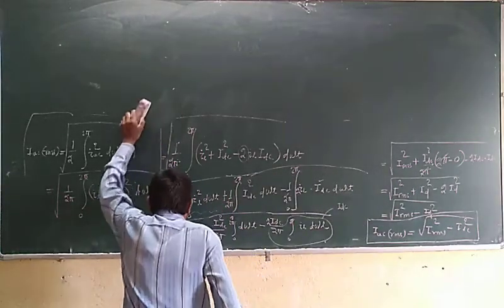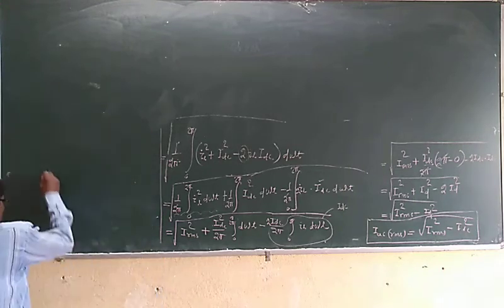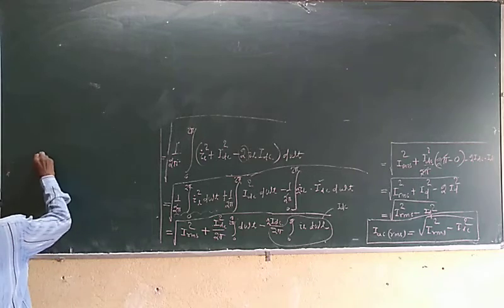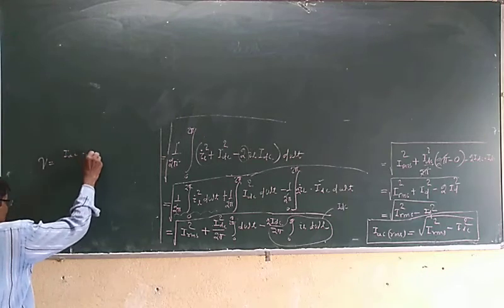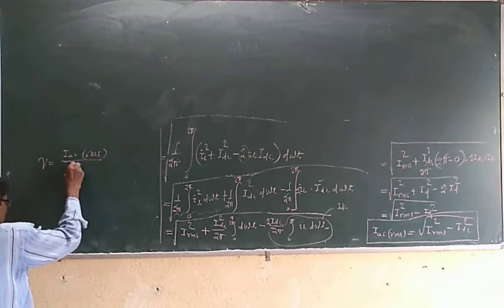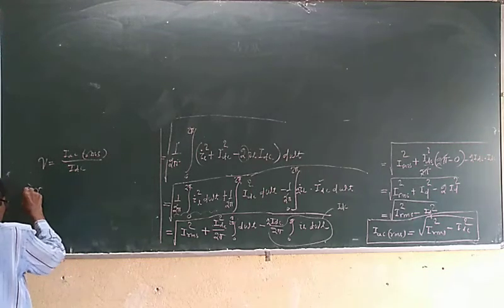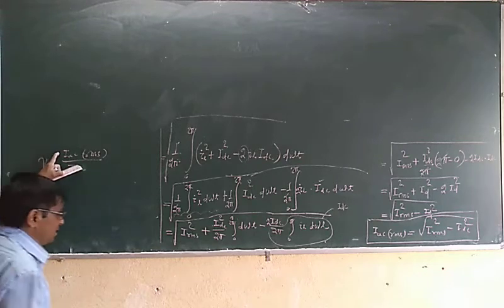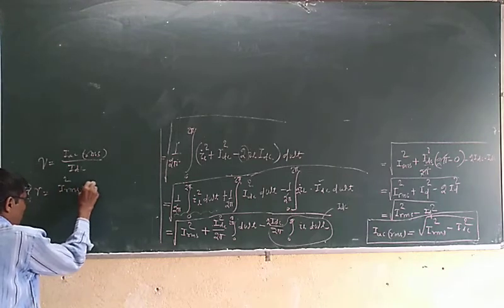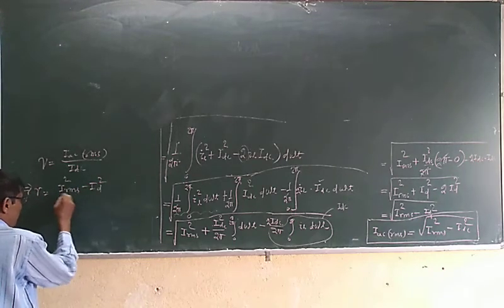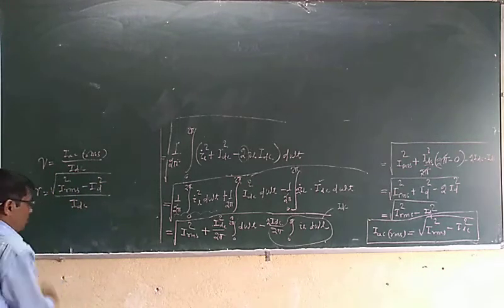Now we calculate gamma. Gamma equals ISC RMS by IDC, that is, the root of IRMS square minus IDC square, divided by IDC. So this is the gamma.